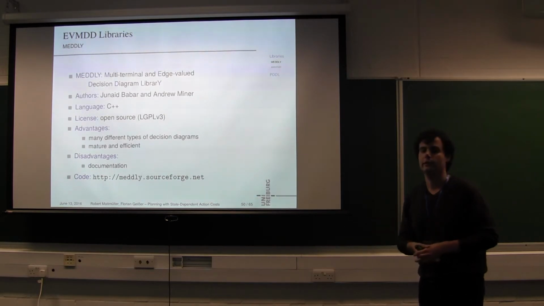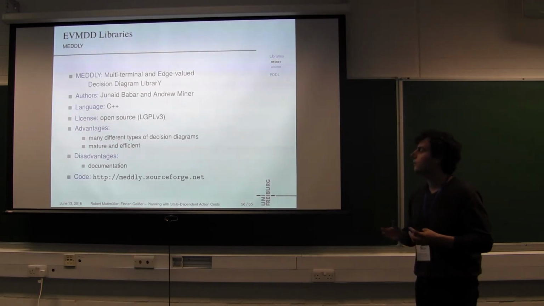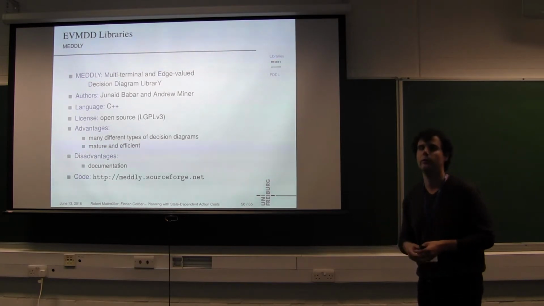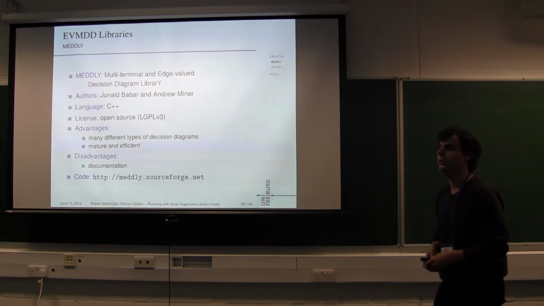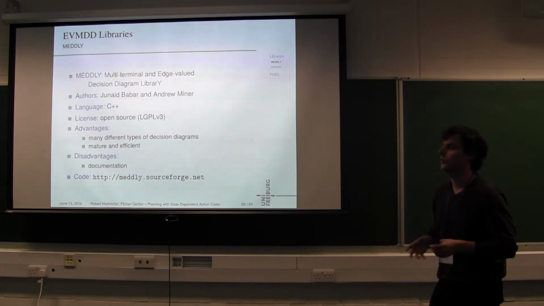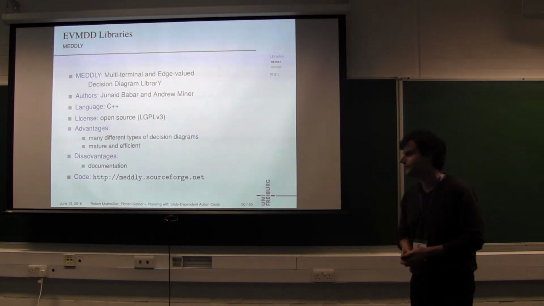But we are only interested in edge-valued multivariate decision diagrams. And another advantage of Mattmüller is that it's very efficient. I think the development started more than 5 years ago, and it's really fast. So even for huge decision diagrams with over 1,000 nodes, it works. I think not even a second for 1,000 nodes. I'm not too sure, but it's really fast.